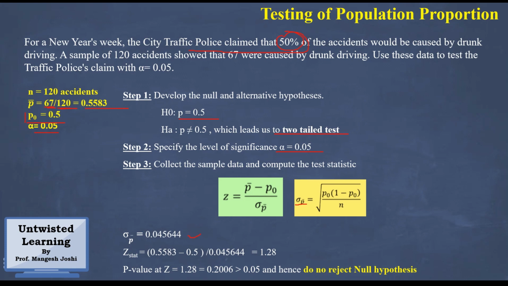The value of Z stat comes out to be 1.28, and P value at Z equals 1.28 is equal to 0.2006. That is greater than 0.05, and hence do not reject the null hypothesis.